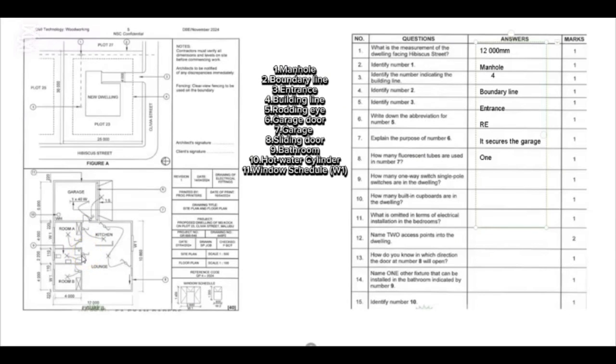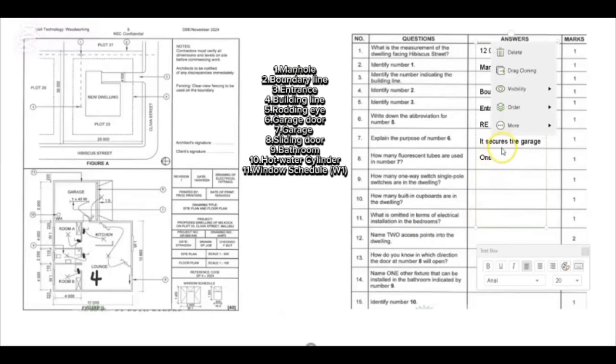Looking at the floor plan in figure B, we see one next to the door when we're coming from the garage, and we see another one in room A, and we see another one in the bathroom when you exit the bathroom next to the bathroom door, and we see another one, the last one, in room B. So in all there are 4 one-way switch single pole switches in the dwelling.